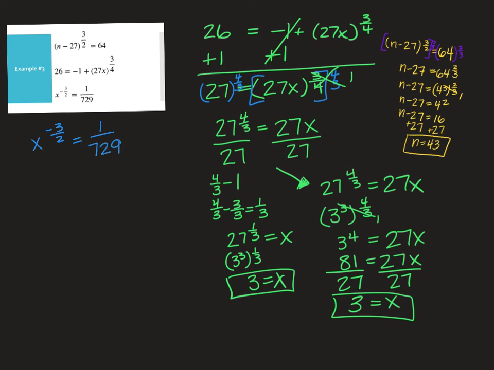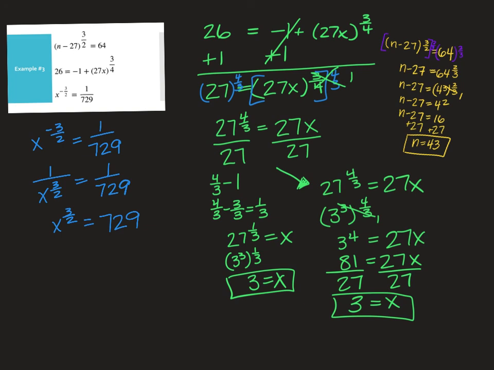So the first thing I want to do automatically is make my exponent positive. So if it's in the numerator, I'm going to move it to the denominator. So now I have 1 over x to the 3 halves is equal to 1 over 729. Right, so since they're both in the denominator, and they both have 1 in the numerator, then I know that x to the 3 halves has to be equal to 729.